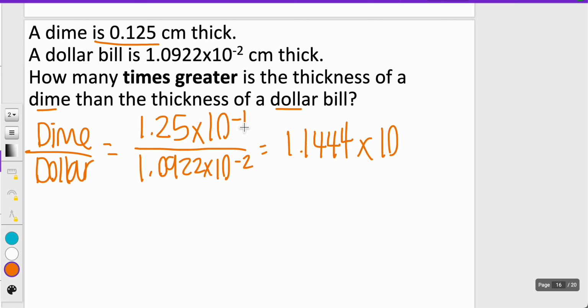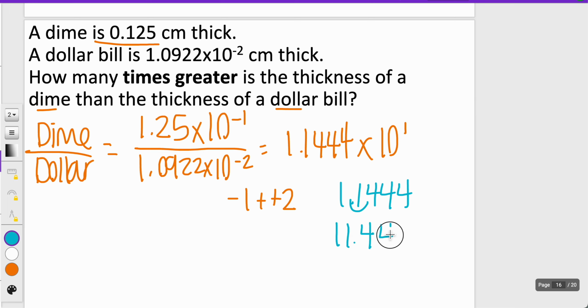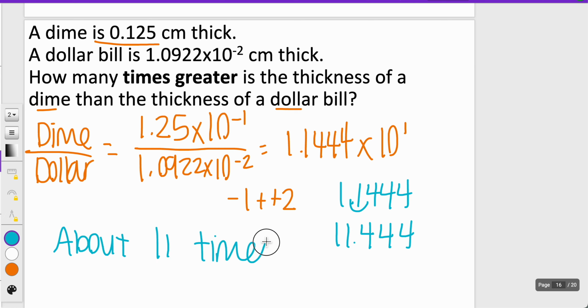Times 10, and then with this I'm going to subtract -1 minus -2, which is actually -1 plus 2, so times 10 to the first. So when I solve this, 1.1444 times 10 to the first would give me 11.444. So we would say about 11 times greater.